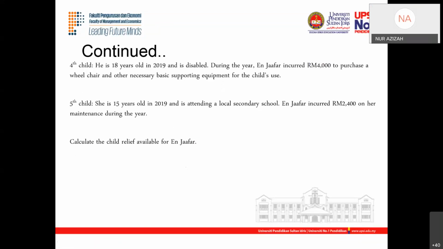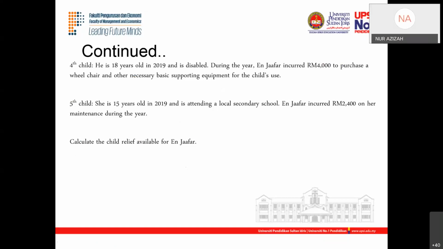Contoh kalau dia kata dia study luar negara dan dia dapat 8,000 kan. And then dia kata anak dia tu disable pula. So dia dapat lagi 6,000 macam tu ke? Yes, 6 plus 8, 14,000. Oh, okay.